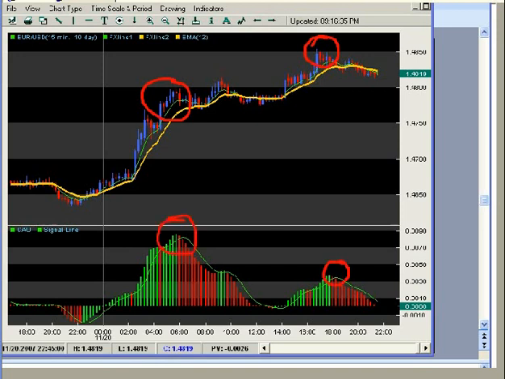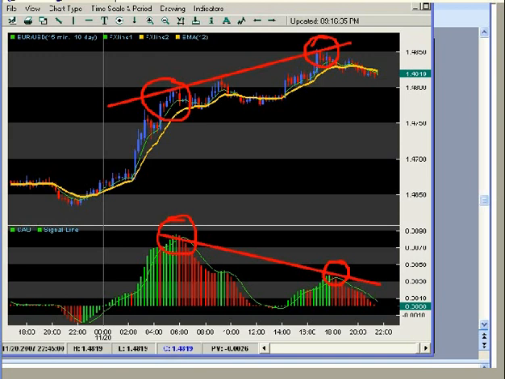I'm showing you the peaks of the awesome oscillator lining up with the peaks in the price. Now I'm going to draw trend lines on both the awesome oscillator and the price.